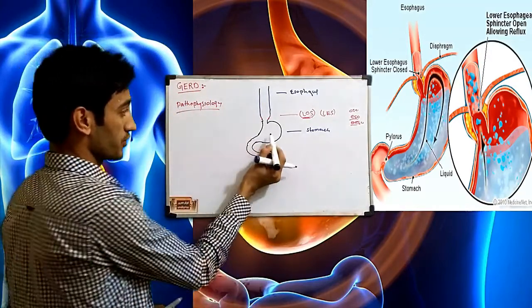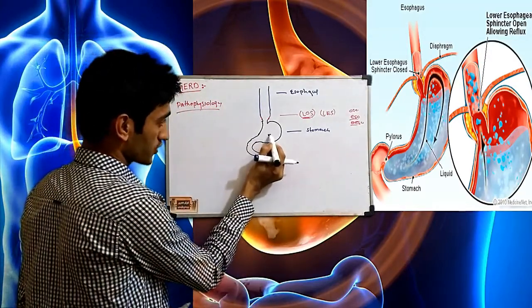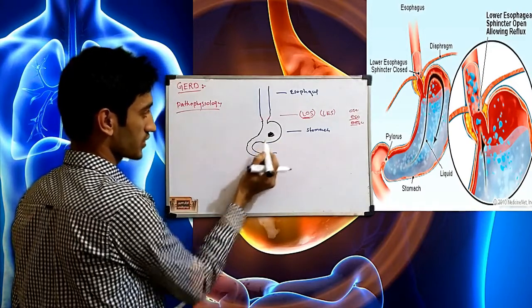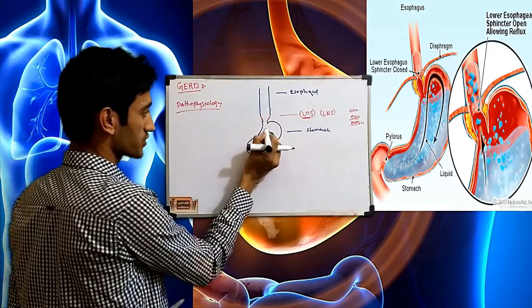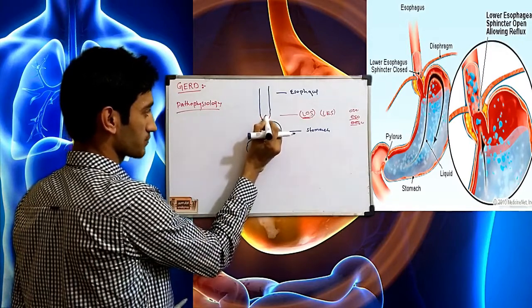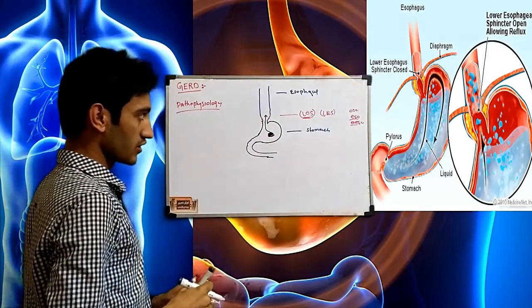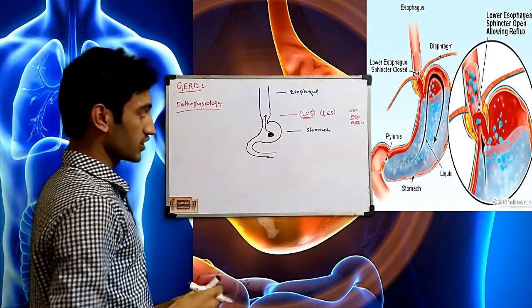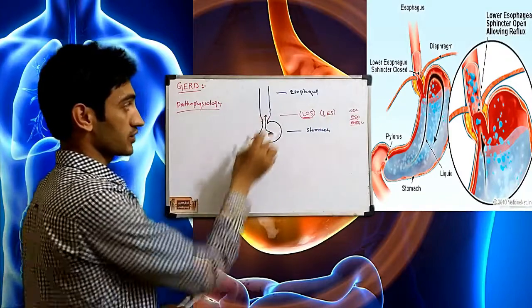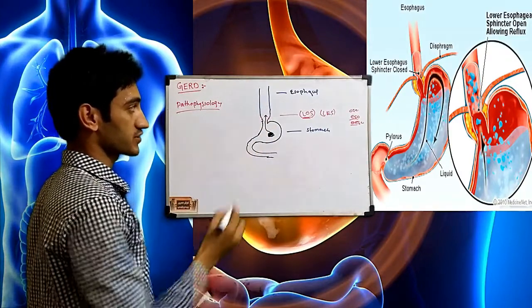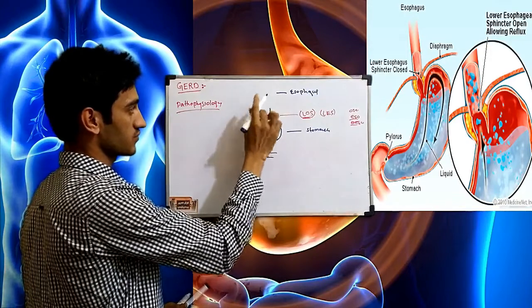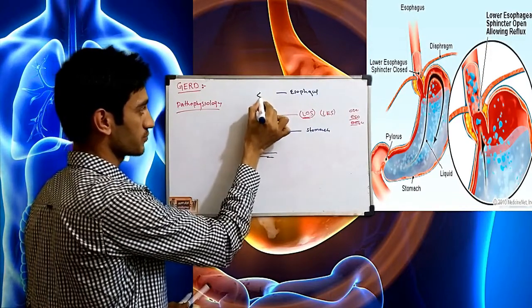Because whenever there is the backflow, let's suppose this is gastric contents, when it refluxes back to the esophagus, there is esophageal peristalsis. There will be peristalsis.